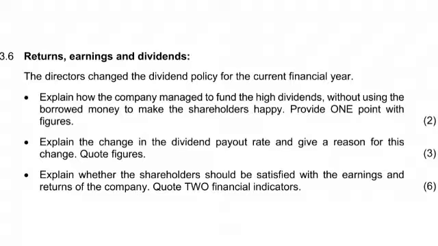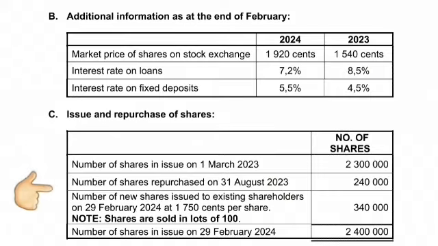So this is a solvency issue where we are talking about if you're not going to use debt to make your shareholders happy, that means you used your capital. So we are going to look at how did we raise capital in order to make our shareholders happy. What we did, you will see on the 31st of August, we repurchased shares. And then these shares that we repurchased, in the next one, you will see the number of shares issued to existing shareholders.